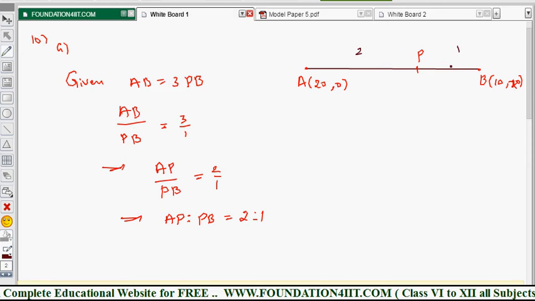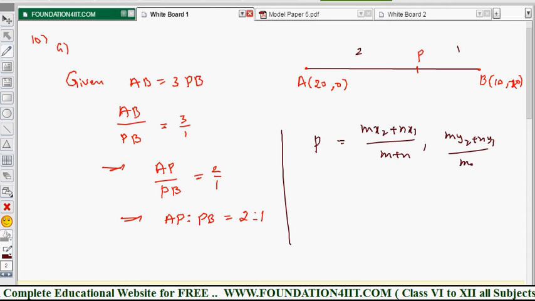First we'll find out the point P using the section formula. If you apply the section formula, the point is (mx2 + nx1) by (m + n) and (my2 + ny1) by (m + n), where m and n is the ratio.